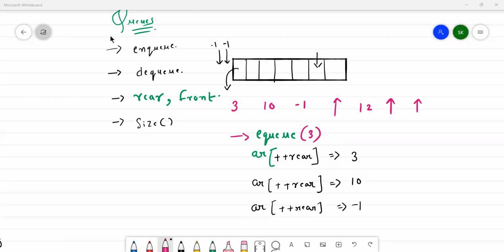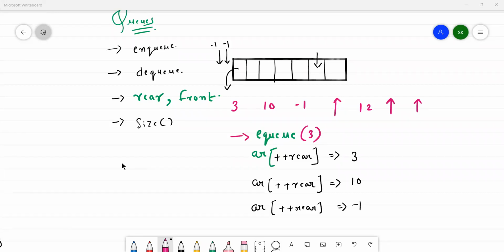So that is wrong. Jyotsna, you have written front minus. Your front is already at -1. If you further decrement it, it is going to be -2, which is not deleting any element.